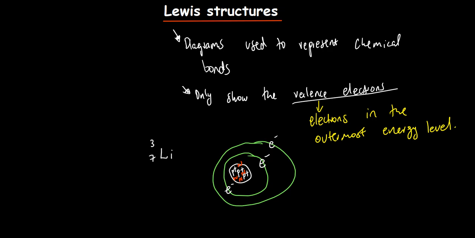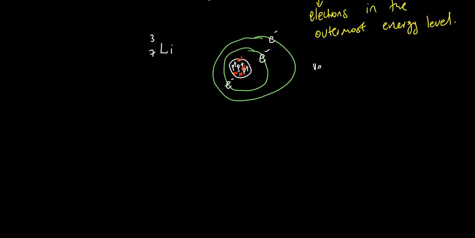It has 3 electrons. Now, how many valence electrons does it have? The valence electrons are the electrons in the last energy level, which is 1. So it is only 1. Then how many core electrons does it have? Those that are not the valence electrons, they are 2.